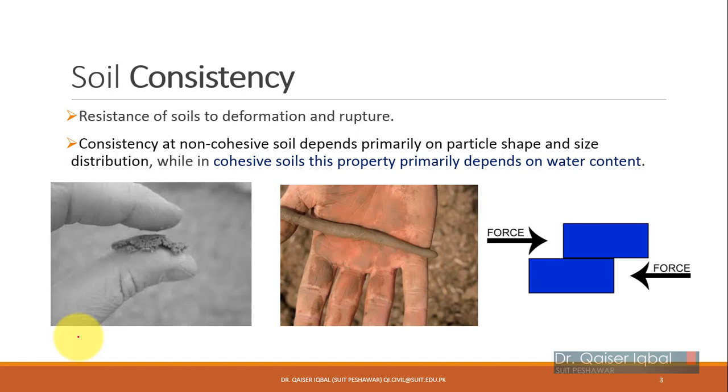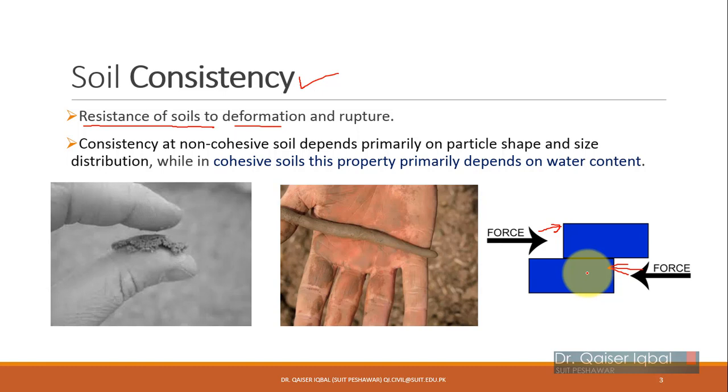We will discuss consistency now in detail. So what is soil consistency? Consistency is basically the resistance of soils to deformation. If you try to deform a soil by applying a shear load, in this case one force is applied in this direction, another force is applied in this direction. So this is called shearing force.